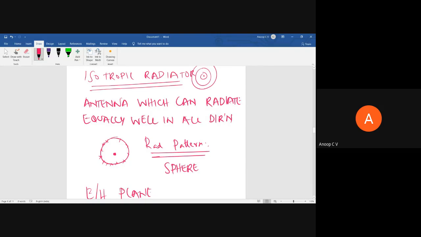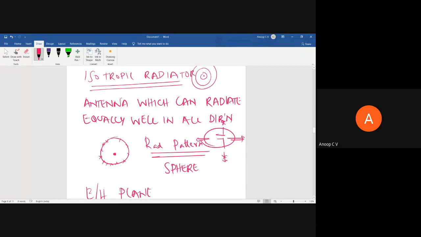Along the end fire direction, it is not radiating; it radiates only in the other directions. In the top view it's omnidirectional, the same in all directions, but towards up and down it's not isotropic. So we cannot realize an isotropic antenna practically.